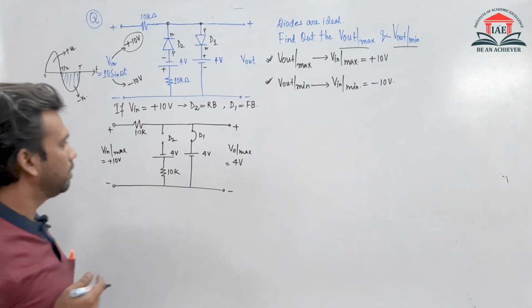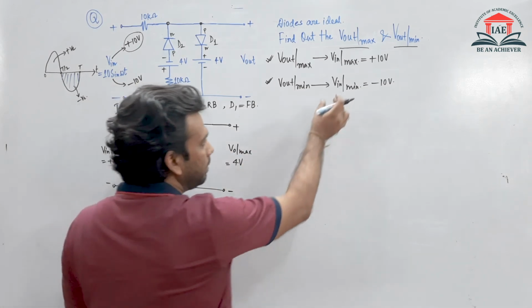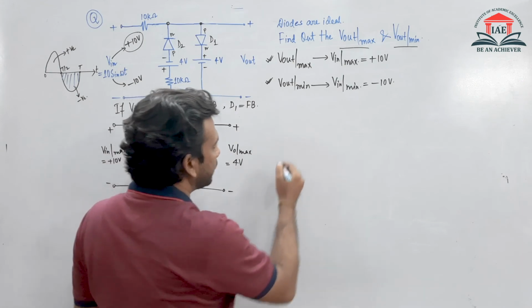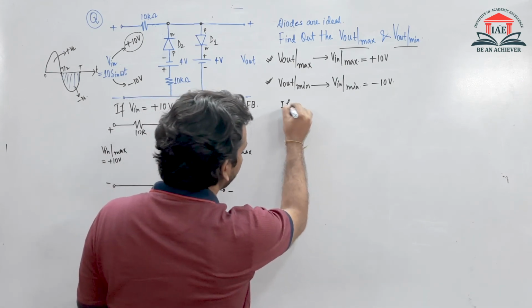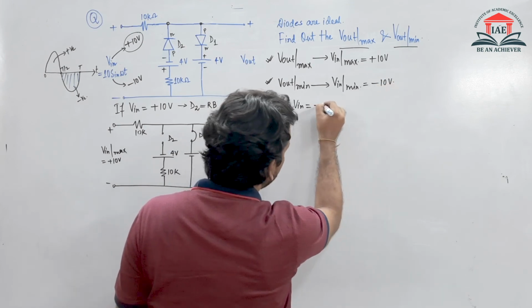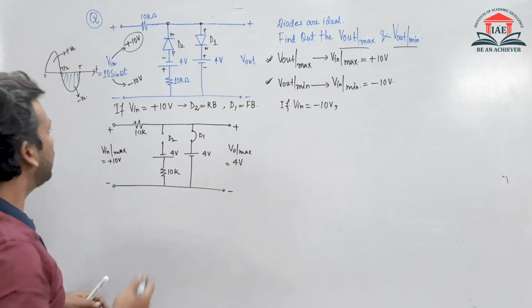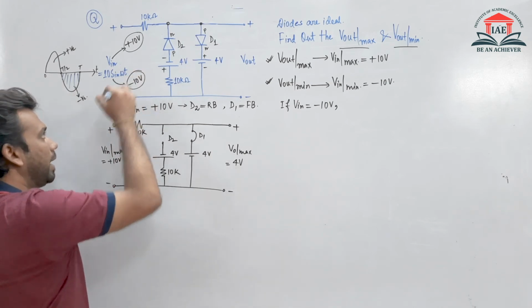Now मुझे अगर आउटपुट वोल्टेज का मिनिमम वैल्यू निकालना है तो मुझे इनपुट को मिनिमम लेना है. So for that purpose, if the input voltage is equal to the minimum value that is -10 volt, then what will happen? So अभी मेरा input voltage क्या है, -10.